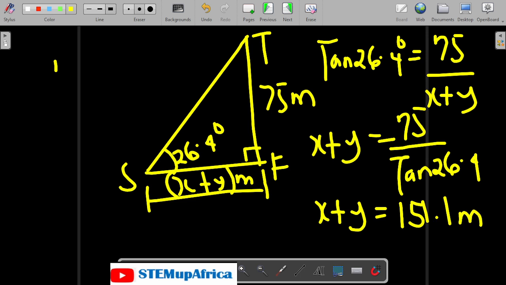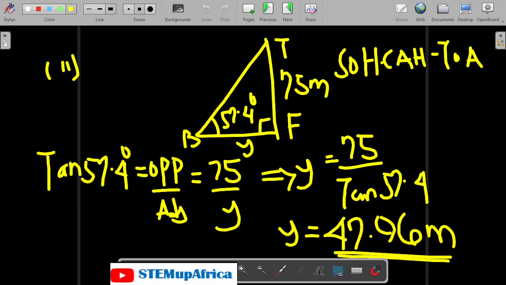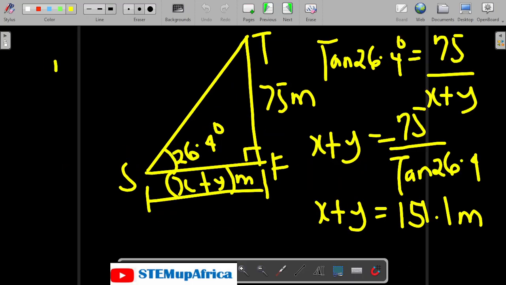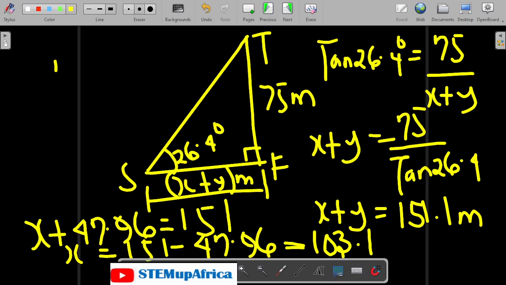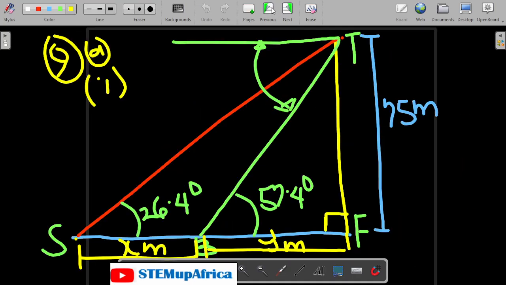We have already gotten Y as 47.96, so X plus 47.96 equals 151.1. So X will be 151.1 minus 47.96, which gives us 103.1 meters. So that's the solution to question 9A.